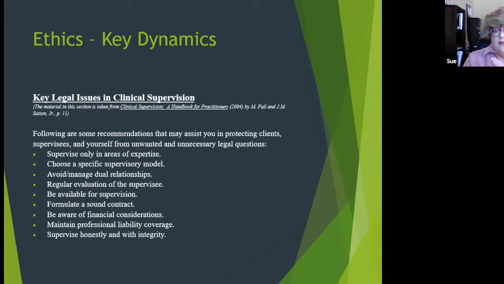That's a setup ethically, not only for your supervisee to not have the guidance and support, but also a setup for you as a supervisor to get yourself into trouble. You would never want to be brought in front of a licensing board and be unable to defend why you weren't available.